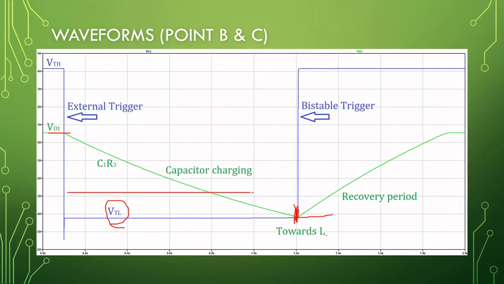So the period of time that we have here is what it takes charging from VD1, so this is V0 plus, charging towards L minus, so that is V infinite, and the voltage at time t is our VTL. This is all the information that we actually need to use the capacitor's charging and discharging to determine our signal's time.